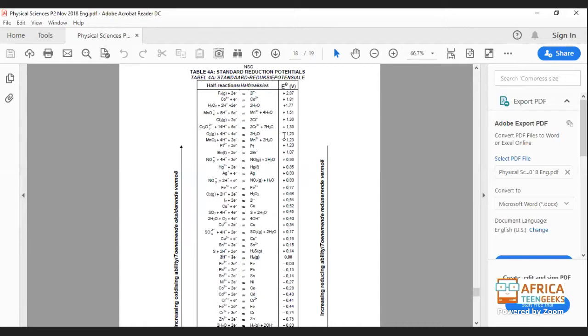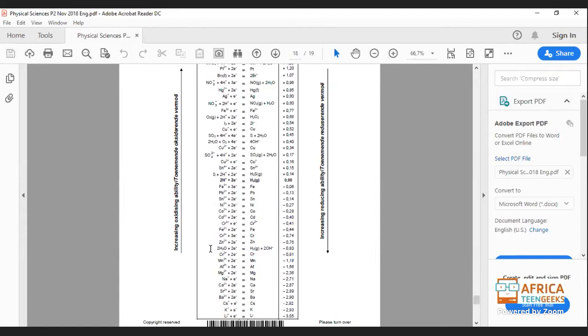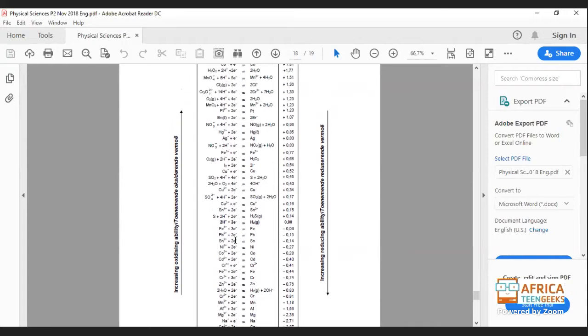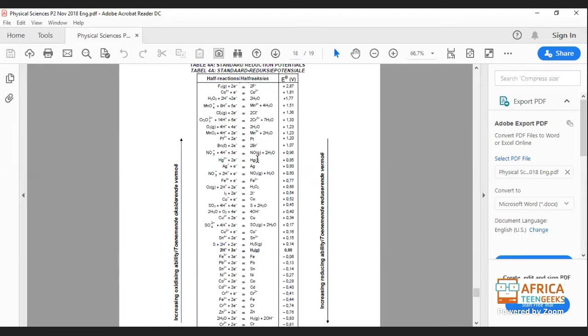Okay, so we are using the standard reduction potentials. If I go and look on my paper, if I search for zinc, I find it down here, and it has a value of negative 0.76 volts, whereas your gold, which is Au, if you go and look for it, has a value of plus 1.5.